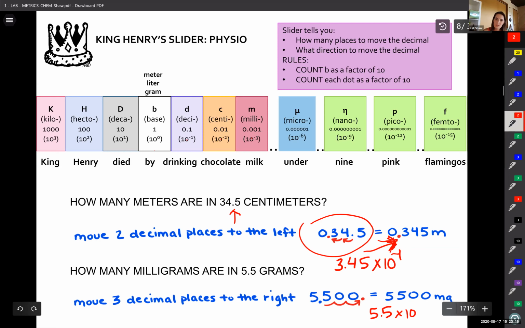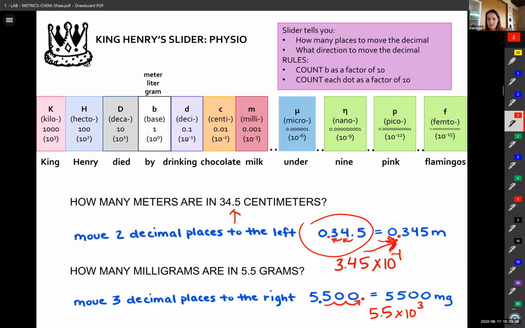How many spaces do I have to move the decimal point to get to that 5.5 from 5,500? 3. Should that be a -3 or +3? Positive. +3, right?